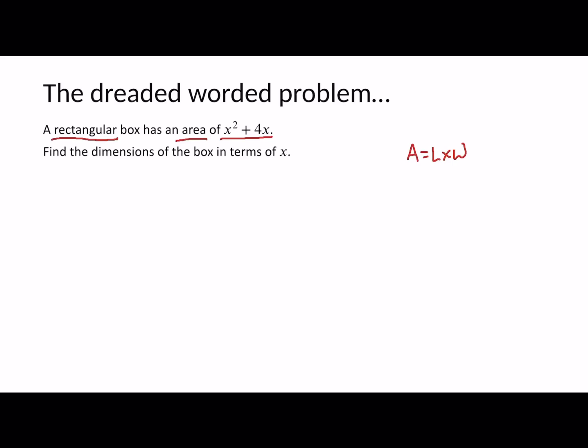And we know that equals x squared plus 4x. Now that doesn't really look like a length times width, does it? We've just been doing some factorising, pulling a highest common factor out the front. And that highest common factor multiplies by the leftovers in the bracket, doesn't it? Hey, that could be our length times width, couldn't it?